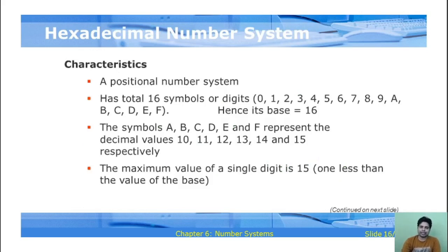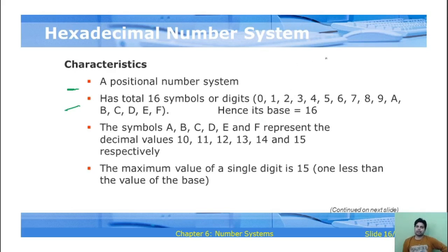If we talk about the hexadecimal number, this is again an important term. The hexadecimal number system is a positional number system and has a total of 16 symbols or digits: 0 1 2 3 4 5 6 7 8 9, and after 9, A B C D E and F. Hence its base is 16, because the total digits are 16.